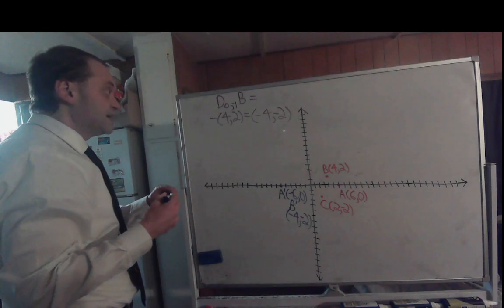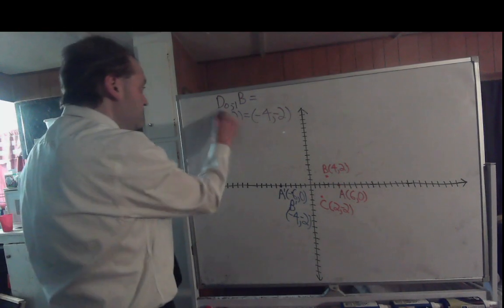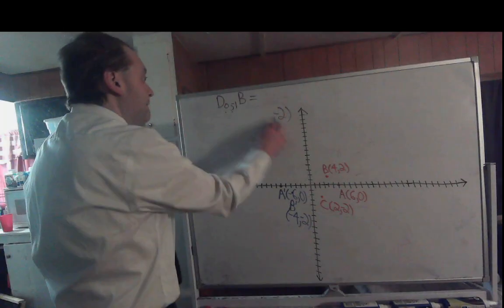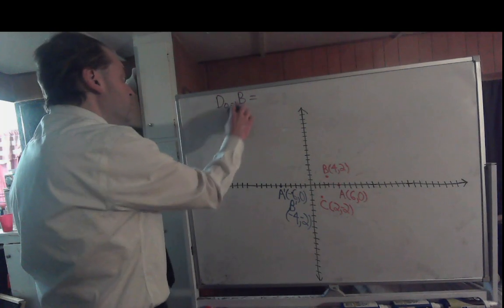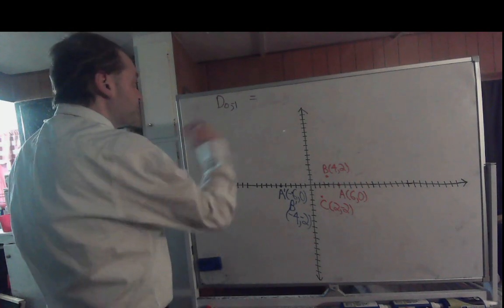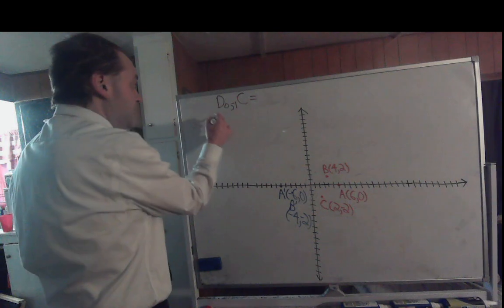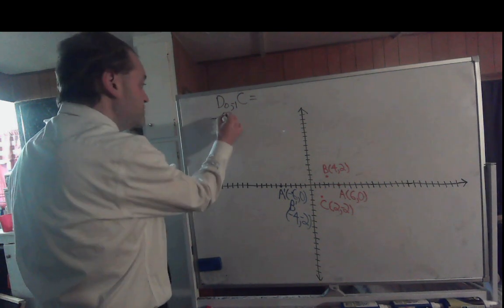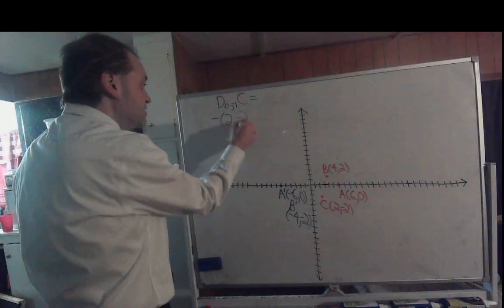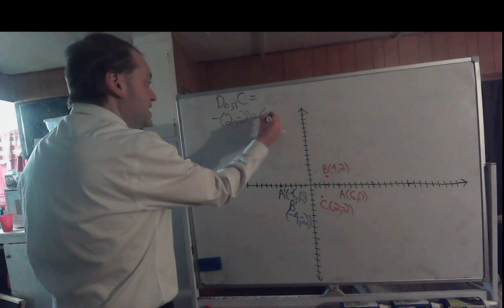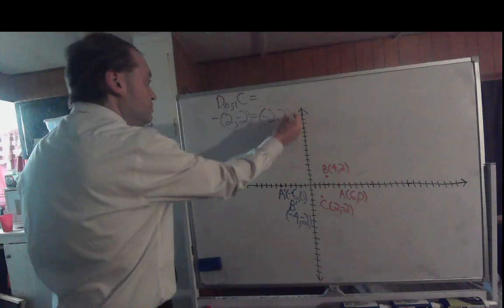And then let's find C prime, which would be, we'll just take those coordinates and multiply them by negative 1. So the negative of your C coordinates, 2, negative 2, would put you at -2, +2.